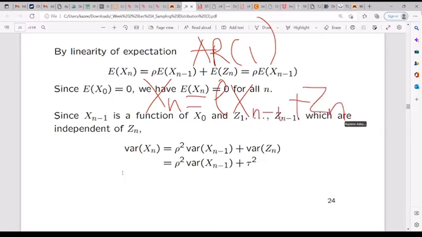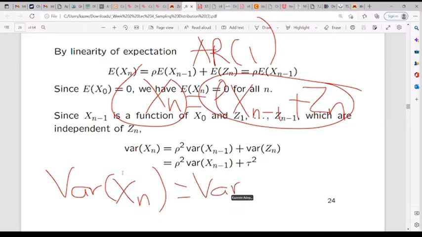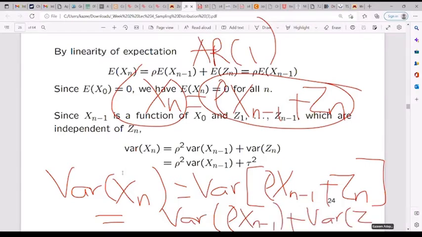If I want to find the variance of that, the variance of Xn is basically the variance of rho Xn minus 1 plus Zn. I can write this as the variance of rho Xn minus 1 plus the variance of Zn.